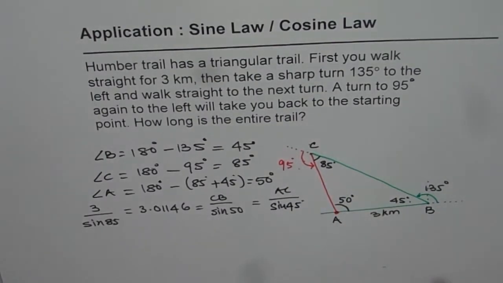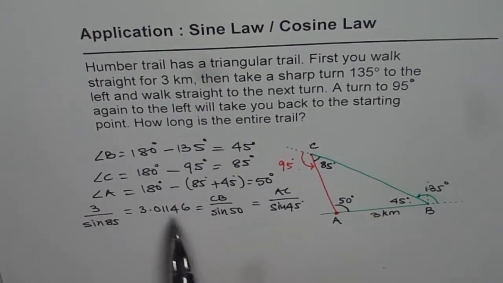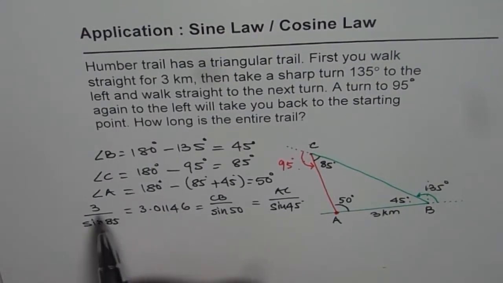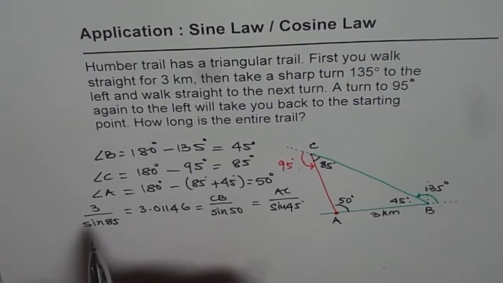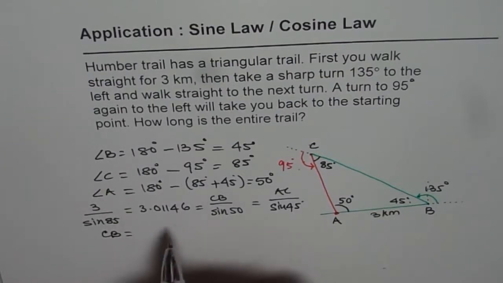So that is how we can find BC and AC using this constant. It's always better to calculate this constant first, right?